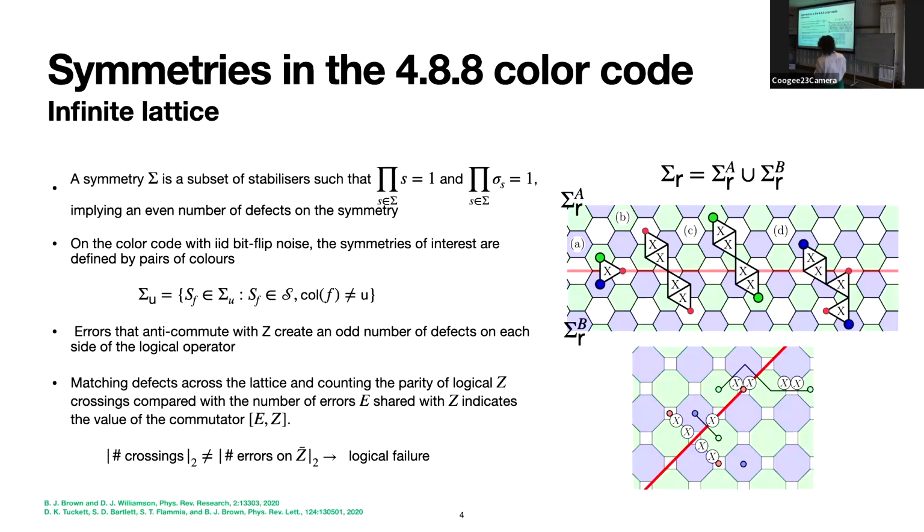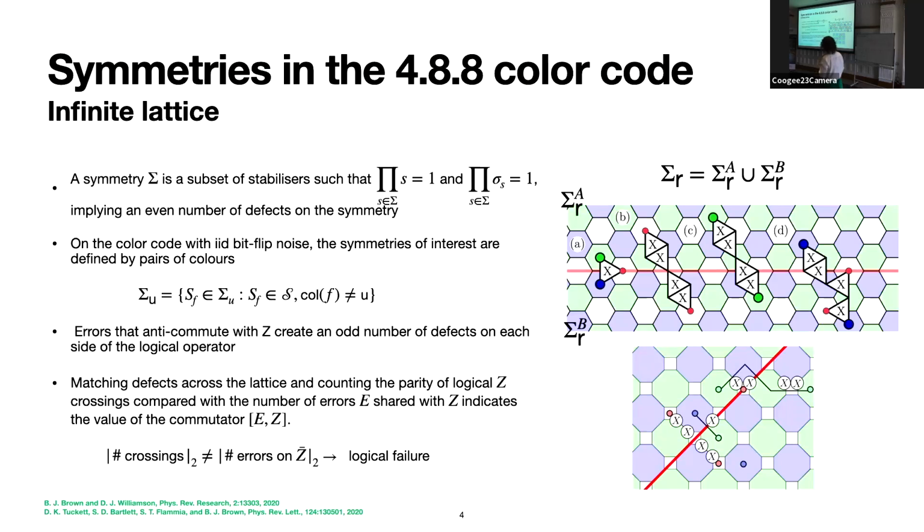We've removed the red plaquettes, so we don't detect the red syndromes. And here, the red line going through the edges between the red plaquettes is a logical Z operator. Error strings that cross this logical create an odd number of defects, so the number of defects on each side of this string will have an odd parity.